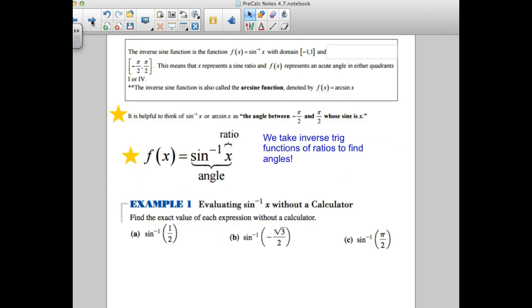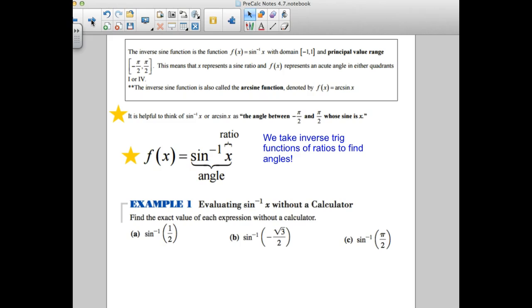All right, that is summarized here in the chart at the top of the next page. It says the inverse sine function is the function f of x equals inverse sine of x with domain from -1 to 1 and range, that principal value range, of -π/2 to π/2.